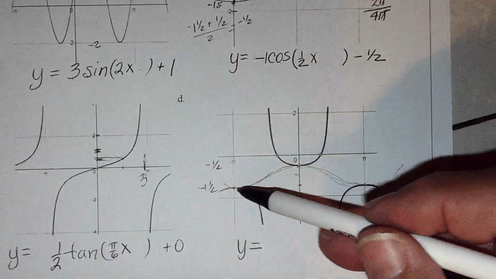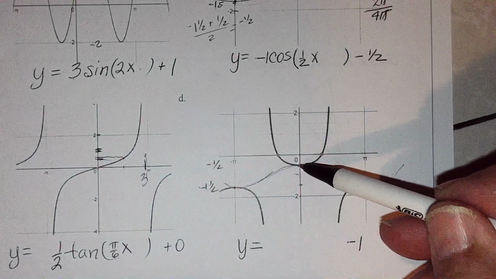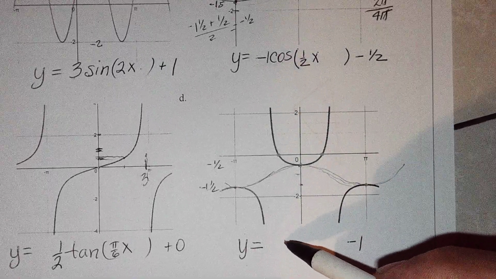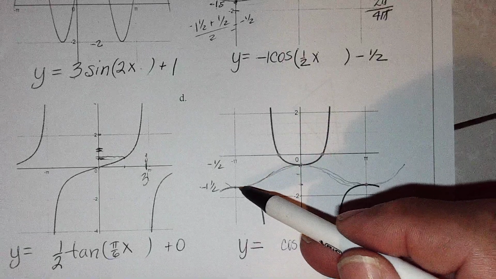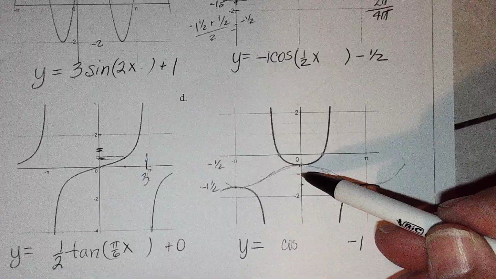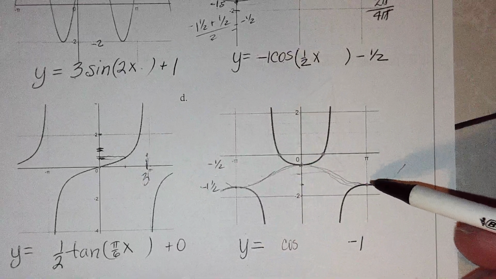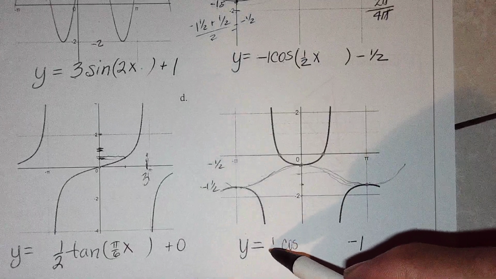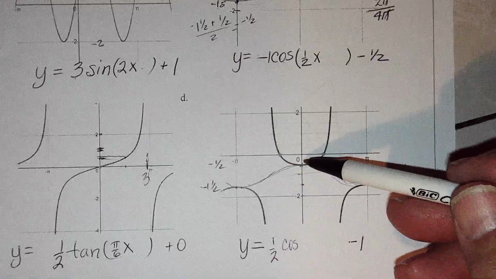And if I'm just doing this curve at 0, it's at a peak. That looks like cosine. It looks like the amplitude, if -1 is the midline, goes 1/2 above and 1/2 below. So I believe I have 1/2 here, and it's not negative because I don't need to flip it over. It starts at a peak.